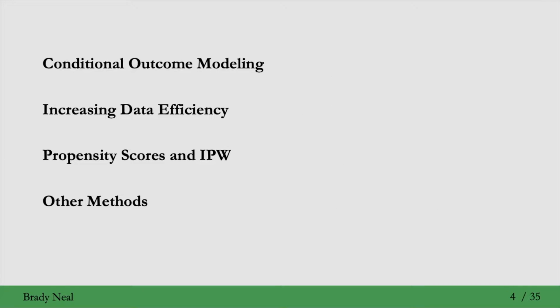With the preliminaries out of the way, we come to the lecture outline. In this lecture, we'll see a variety of different methods for estimation. We'll start with what I call conditional outcome modeling. This is the kind of estimation that we used in the examples that we saw in lecture 2 and lecture 4, so hopefully it'll look reasonably familiar. Then we'll move on to methods that will hopefully be a bit more data efficient than the conditional outcome modeling methods.